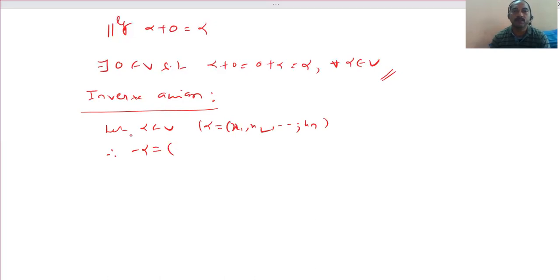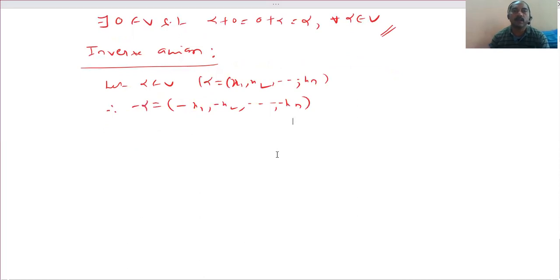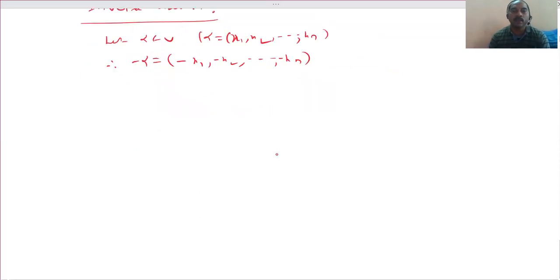Therefore, minus alpha equal to minus x1, minus x2, and so on, minus xn. Component wise multiplication by minus 1, using scalar multiplication by the second property of the hypothesis, C alpha equal to Cx1, Cx2, and so on. Here the C value is minus 1. This also belongs to the field, because x1 is in the field, so minus x1 is also in the field. Each component is in the field.